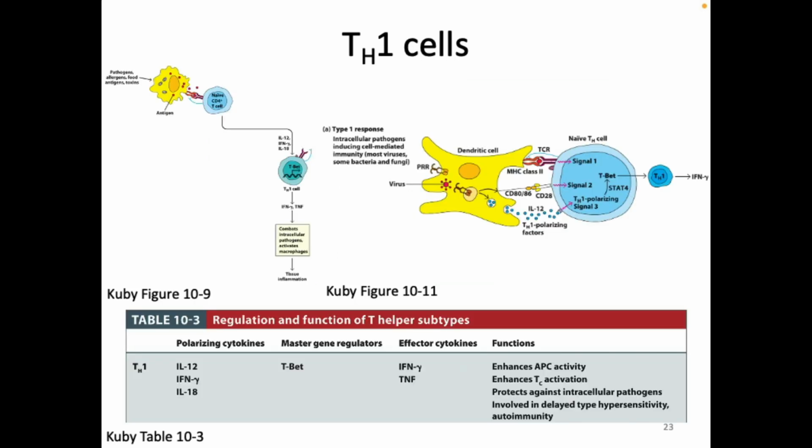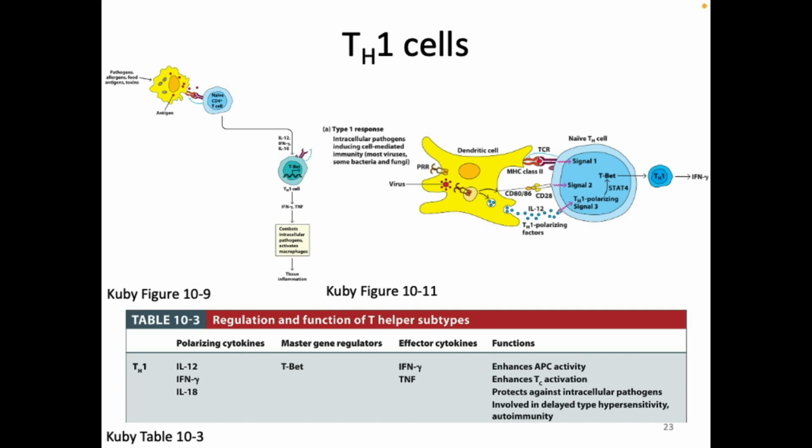You can see the same Th1 situation on this slide. In general, with our Th1, we're going to polarize that naive T cell by giving it IL-12 when we first activate it. When that cell is first activated, it's going to start making this transcription factor TBET, and that is going to tell that T cell that it should be a helper T cell who helps by making interferon gamma.